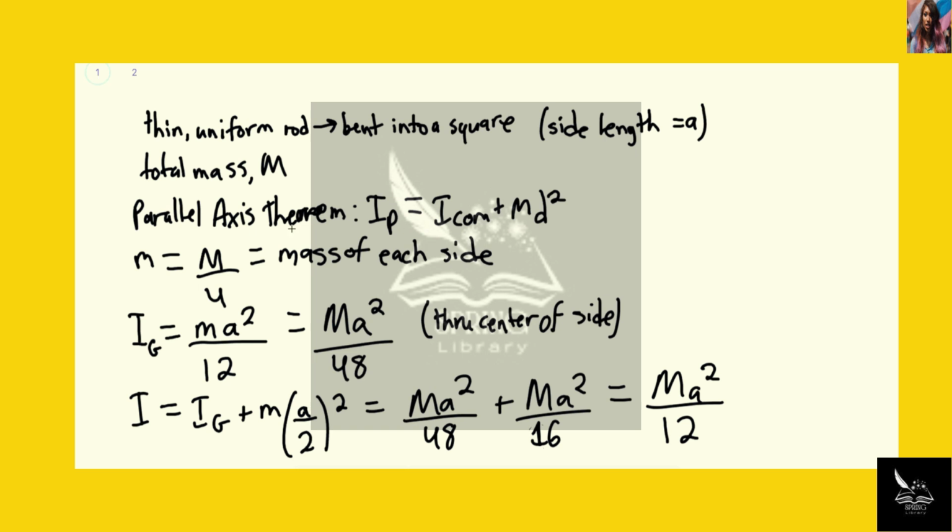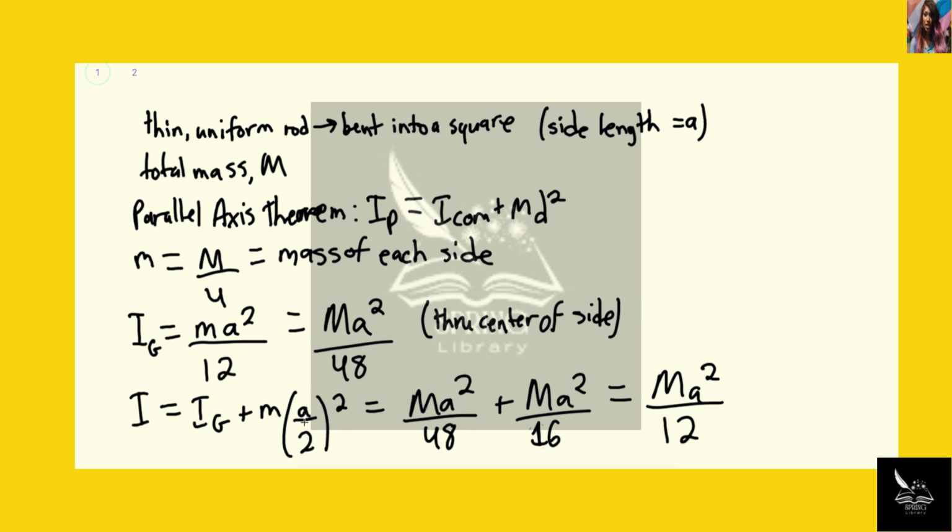So again, we first found the moment of inertia about an axis through the center of a rod, or through the center of a side. Then we used the parallel axis theorem to find the moment of inertia of each side about an axis through the center of the square and perpendicular to the plane of the square.